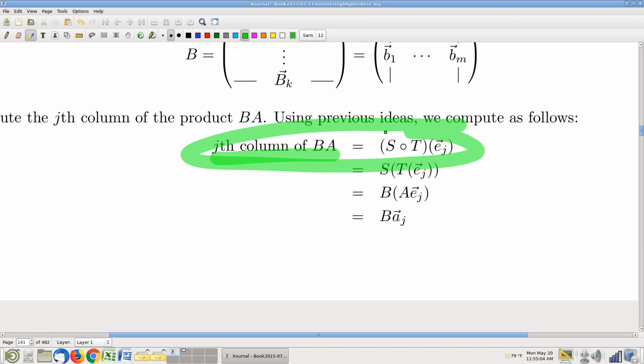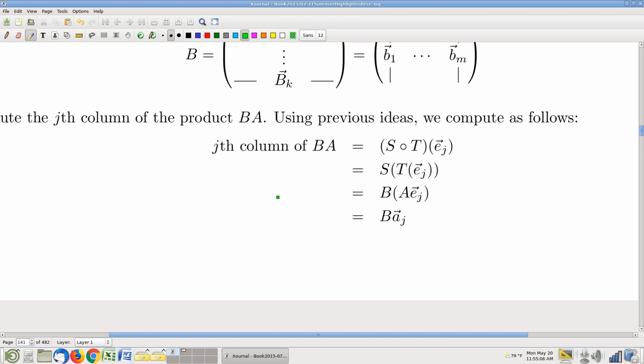So here we are again. The jth column of this product is the image of the jth standard basis vector. Composition means that. Execution of T means multiplication by A. Execution of S means multiplication by B.